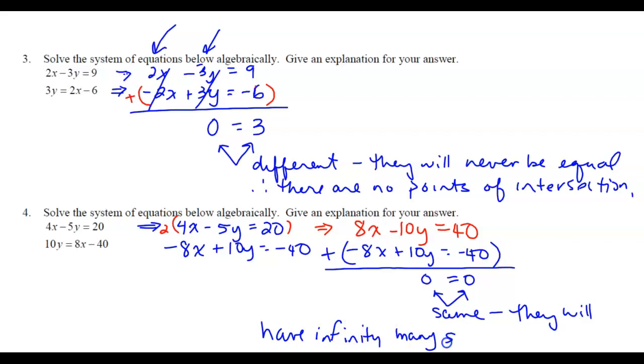So if you can look at the coefficients and see that they're proportional, then you can know whether they're parallel, and then the constant term, they have to be in the same proportion to have infinitely many.